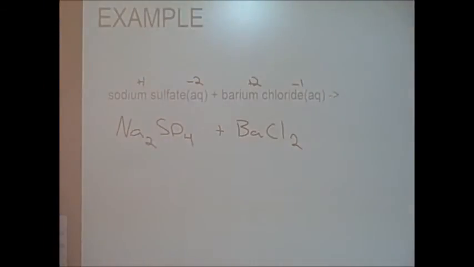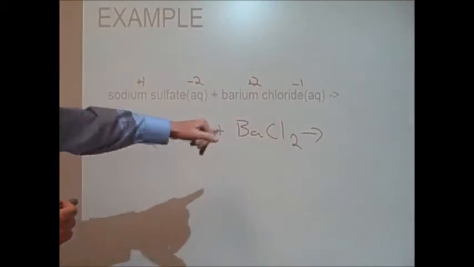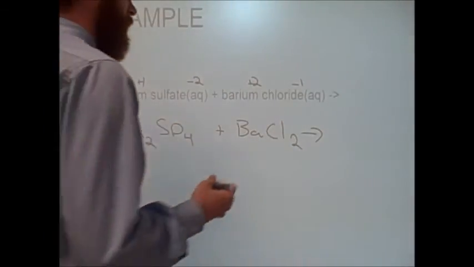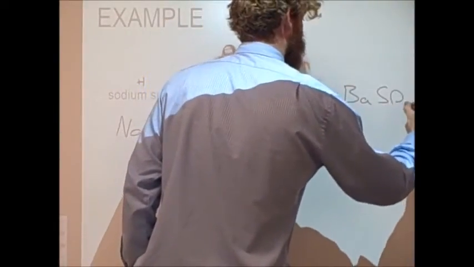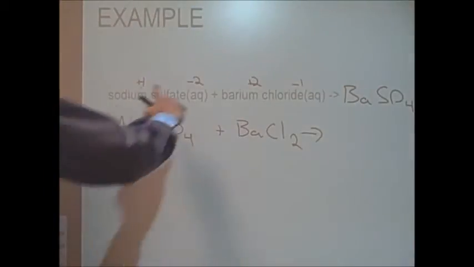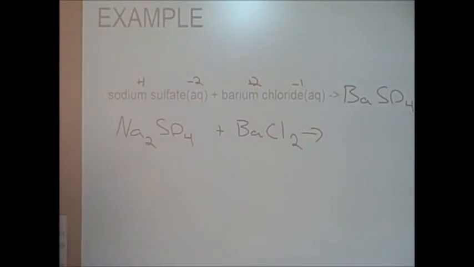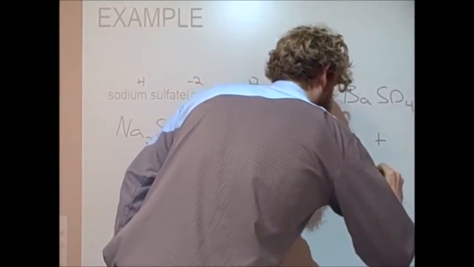So when we're going through this, we know that the chlorine and the sulfate are going to switch places. So we know that barium is going to go with sulfate. Now with this, still remember to use your cross and drop. We have a ratio of 2 to 2, so there is no need. And we also have sodium chloride.